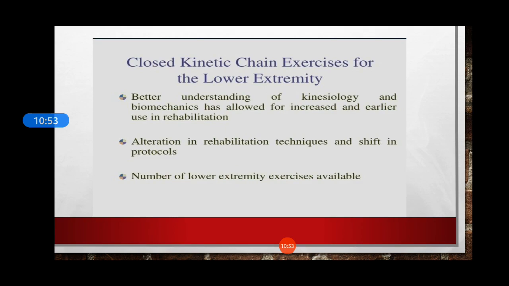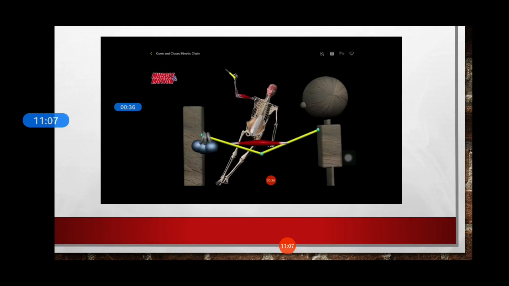Better understanding of kinesiology and biomechanics has allowed for increased and earlier use of closed kinetic chain exercises in rehabilitation when we consider the lower extremity. A number of lower extremity exercises are more available in closed kinetic chain exercises. Now in this video we will see how these exercises differ and how they are performed.